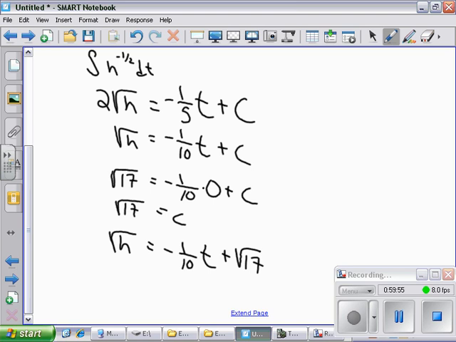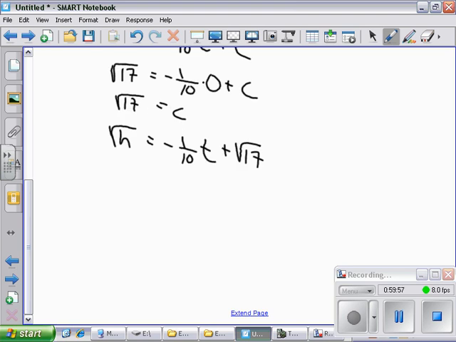Just square both sides. So that h is just all this squared. That's it. Solving a differential equation would be very weird if it was not a free response, no calculator question. That's one of the big topics.